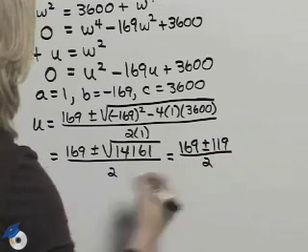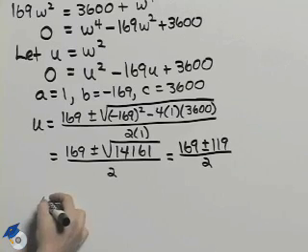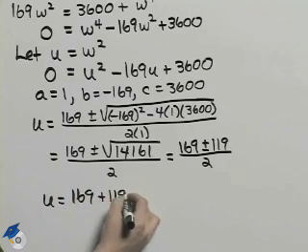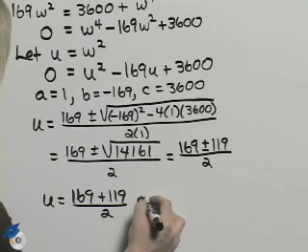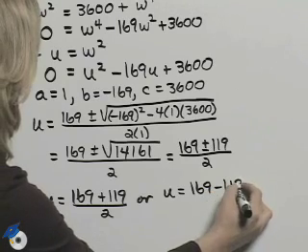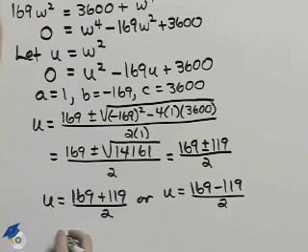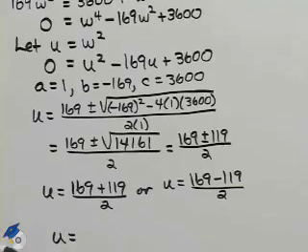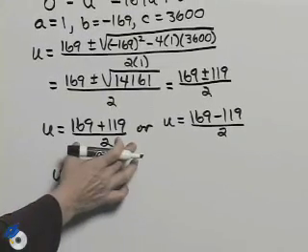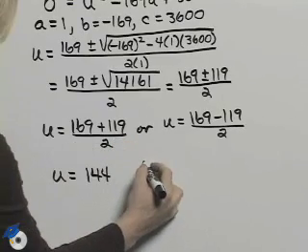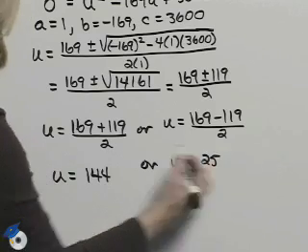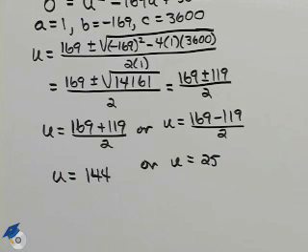We can then set U equal to 169 plus 119 over 2, or U is equal to 169 minus 119 over 2. So we'll have U equal to 144 when we evaluate this first expression, or U will be equal to 25 when we evaluate the second expression.